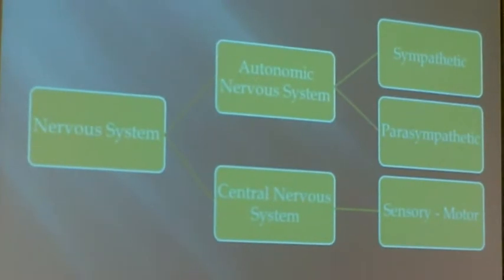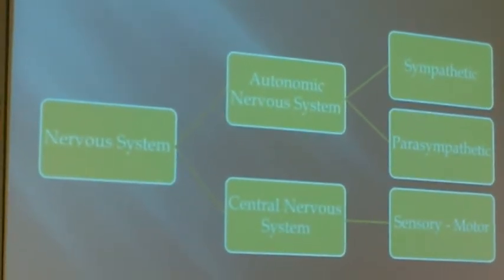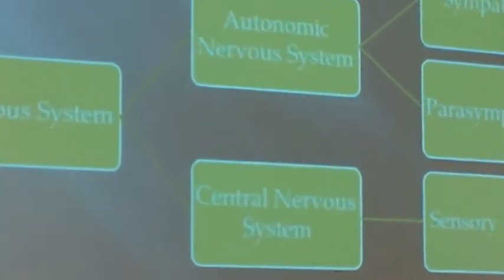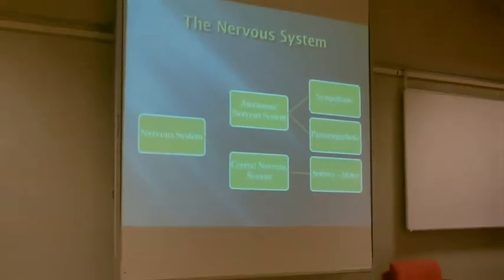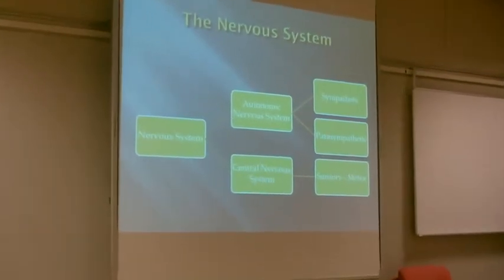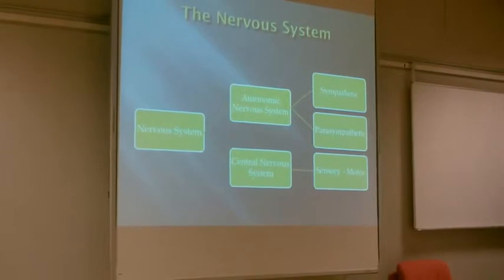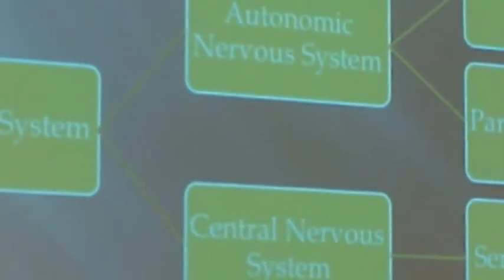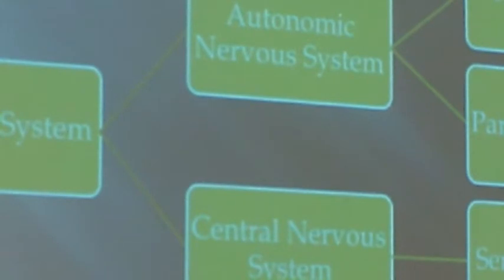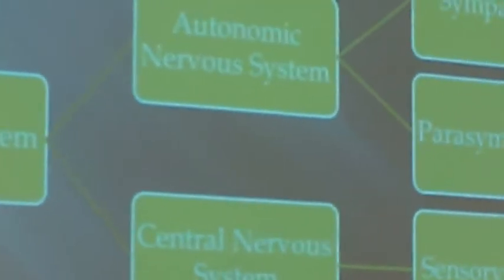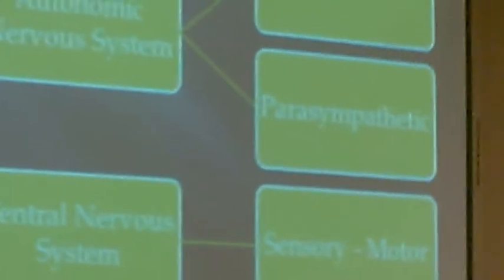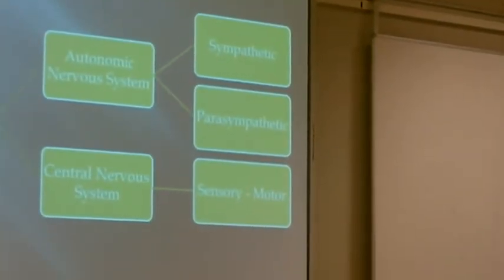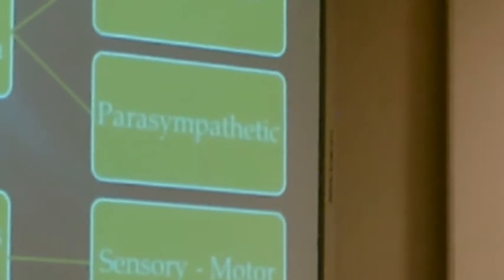So let's first of all take a very simple look at the nervous system. It's split into two parts, the autonomic and the central. The central nervous system is the sensory motor system. Our five senses: sight, hearing, touch, taste, smell, and our ability to move. These are all controlled by the central nervous system, the brain, the spinal column, right the way through to the peripheral nerves.